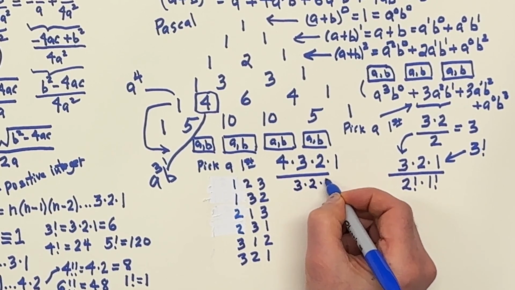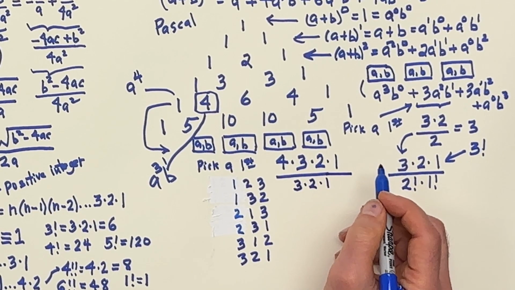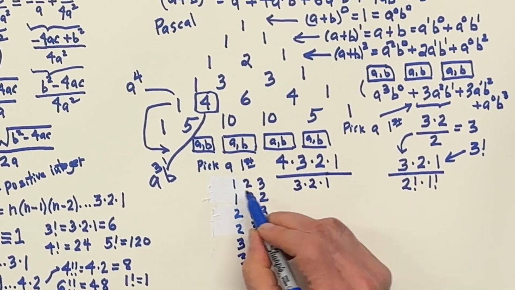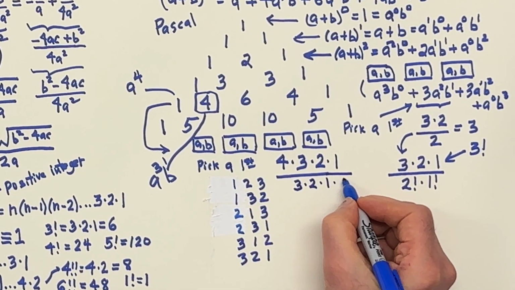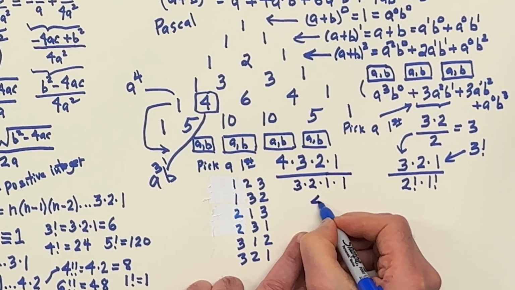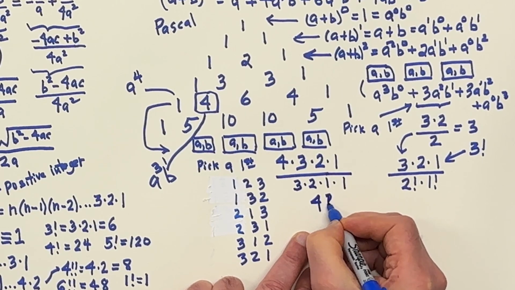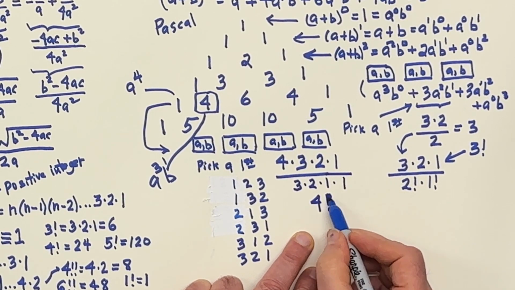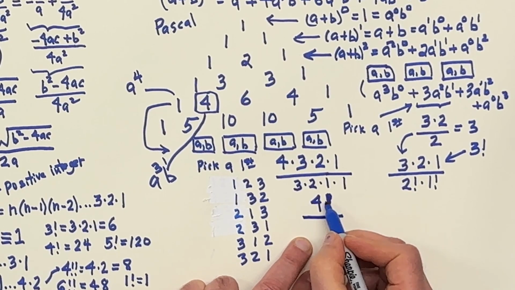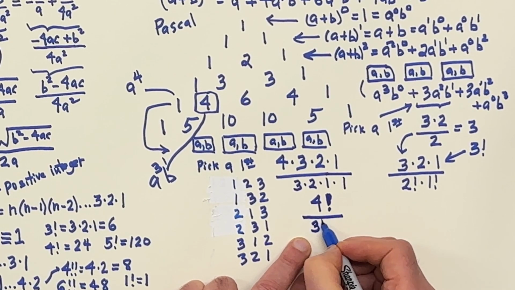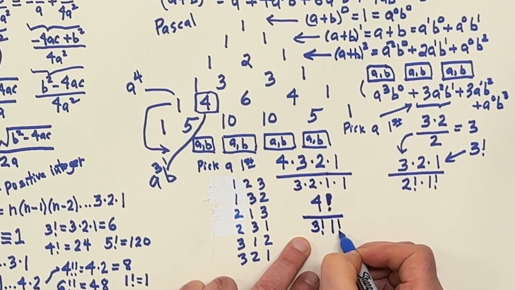But I put a 1 here and a 1 there. And since I have 1 banana, I could have a 1 there. So in other words, this is fulfilling the formula that we had earlier, where we took the number of fruit, 4 factorial, and then we had 3 apples and 1 banana.